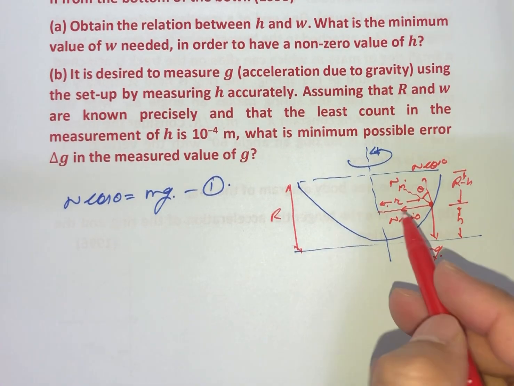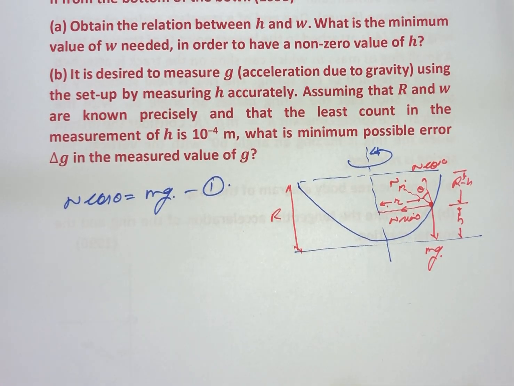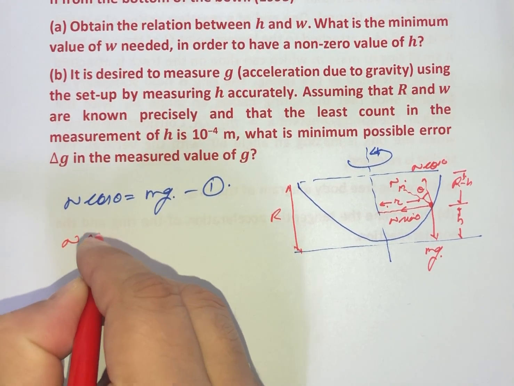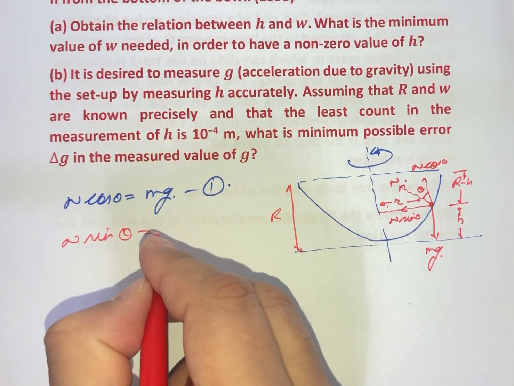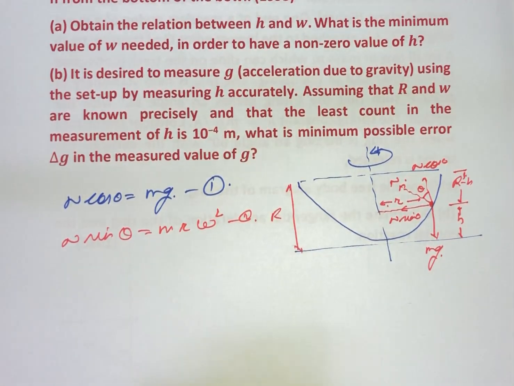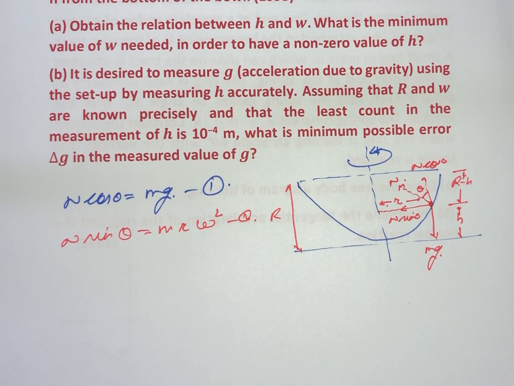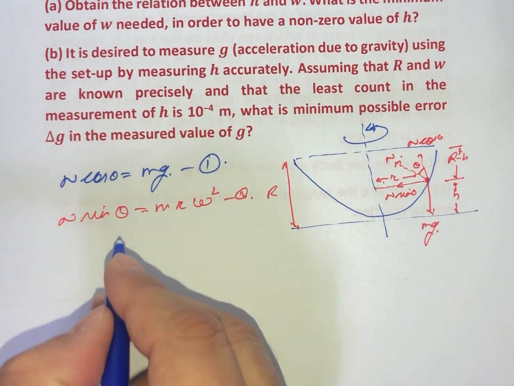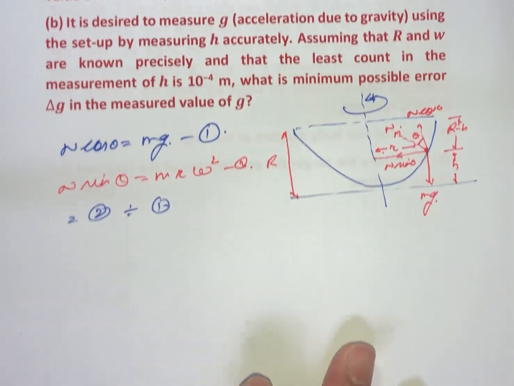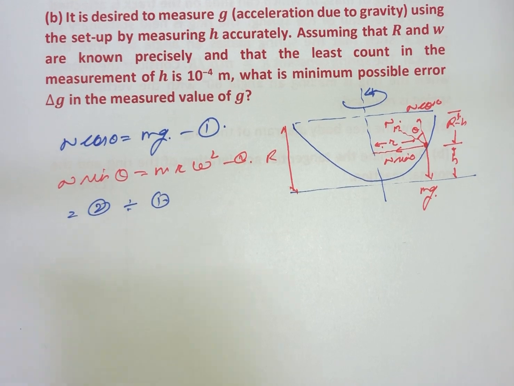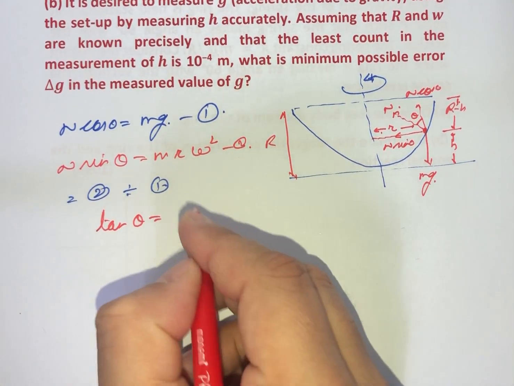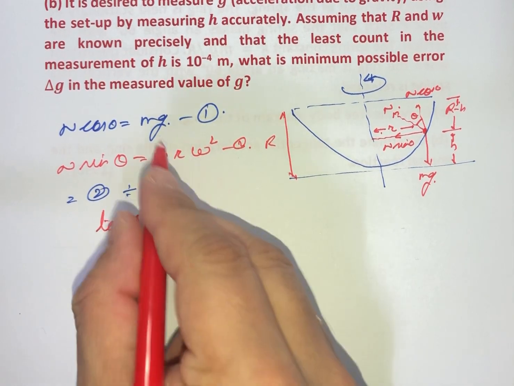And equation 2, the N sin theta will be providing the necessary centripetal force. So N sin theta will be equal to m r omega square. This is equation number 2. We divide equation 2 by equation 1, and we get tangent of theta is equal to r omega square by g.